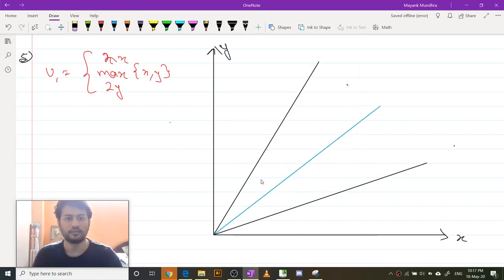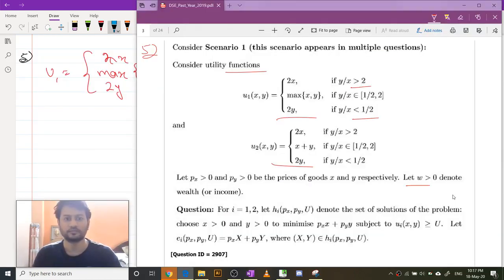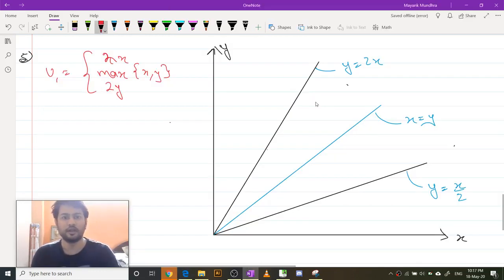It's going to be in the middle of these two lines. So this is my x equals y line, this is my y equals 2x, and this is my y equals x by 2. So the max function will make my curve look like this. This is the max part.